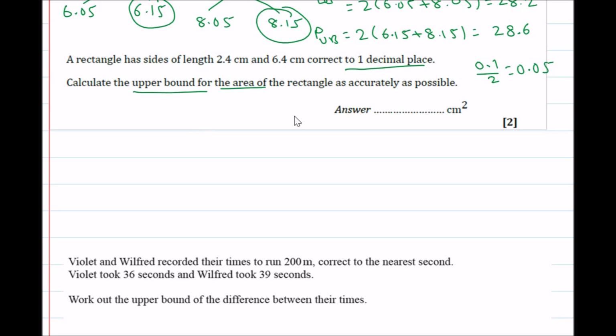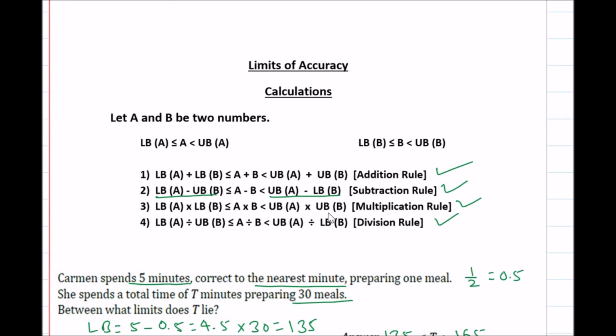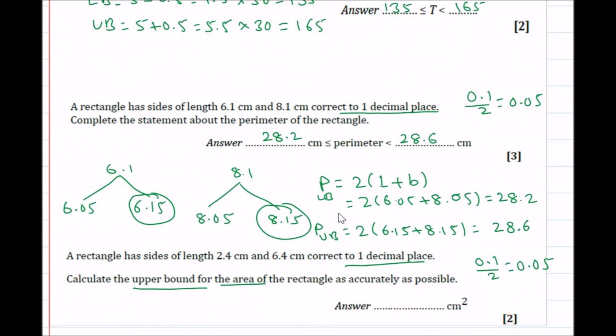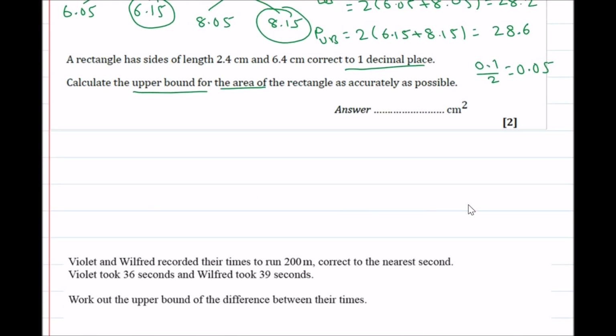If you see the multiplication rule here, it says that to find the upper bound, we need to multiply the upper bound of length times the upper bound of width. So we'll take the upper bound of both and multiply.